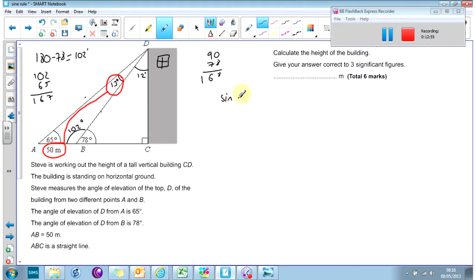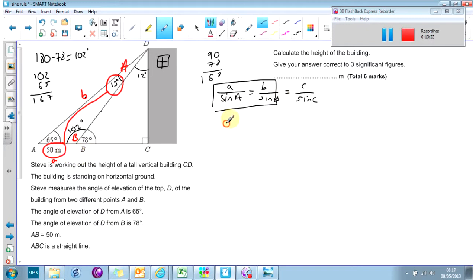So A over sine A is equal to B over sine B, which is C over sine C. So let's label up our triangle. I'm going to call this one angle A, which means that's little a, and I'm going to work out this side here, which means this angle is angle B because they're opposite. So let's try them out. I'm going to use once again the first bit of the sine rule.